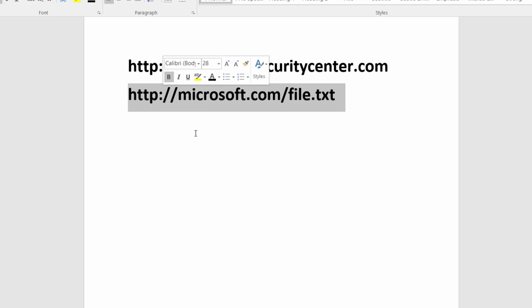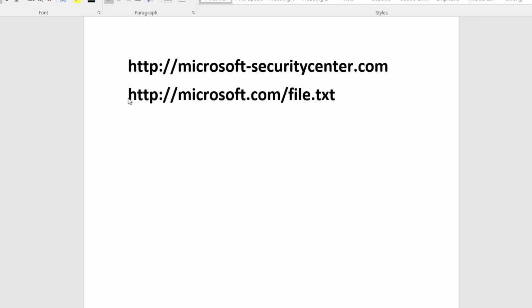How about the following? So if we look at this, we know the http:// indicates that it's the hypertext transfer protocol used to deliver web pages to your web browser. Then we look at Microsoft.com, and it's reasonable to assume that yes, this is a legitimate domain name.